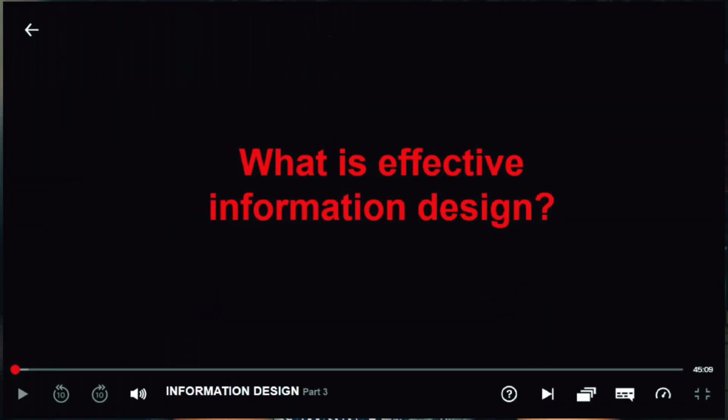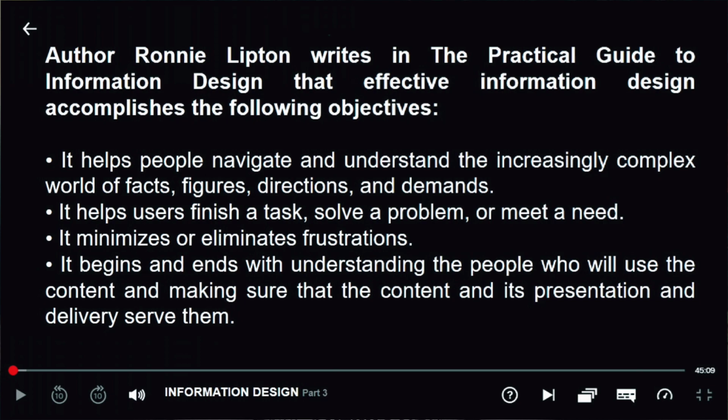Then, what is effective information design? According to author Ronnie Lipton, who writes the Practical Guide to Information Design, effective information design has the following. The first one is it helps navigate and understand the increasingly complex world of facts, figures, directions, and demands.